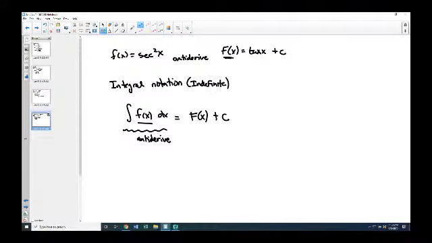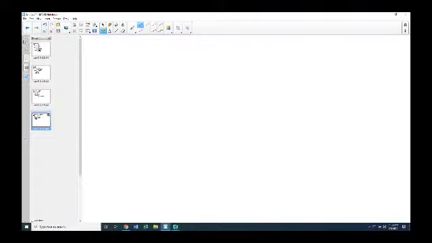When we get to definite integrals, we'll get rid of that plus c. But for now, we don't have that ability to get rid of the c because this is an indefinite integral. So again, looking at a problem, we could say calculate the integral of cosecant squared of x.